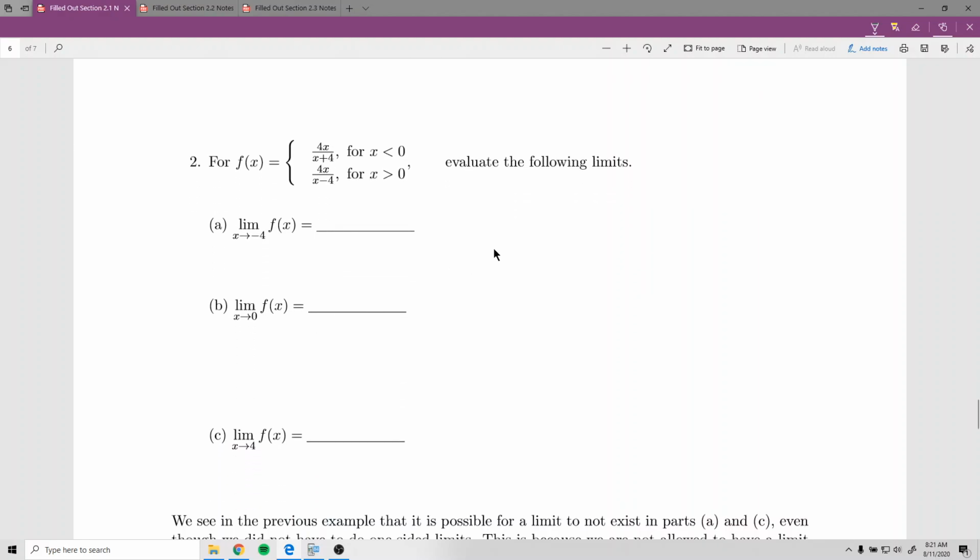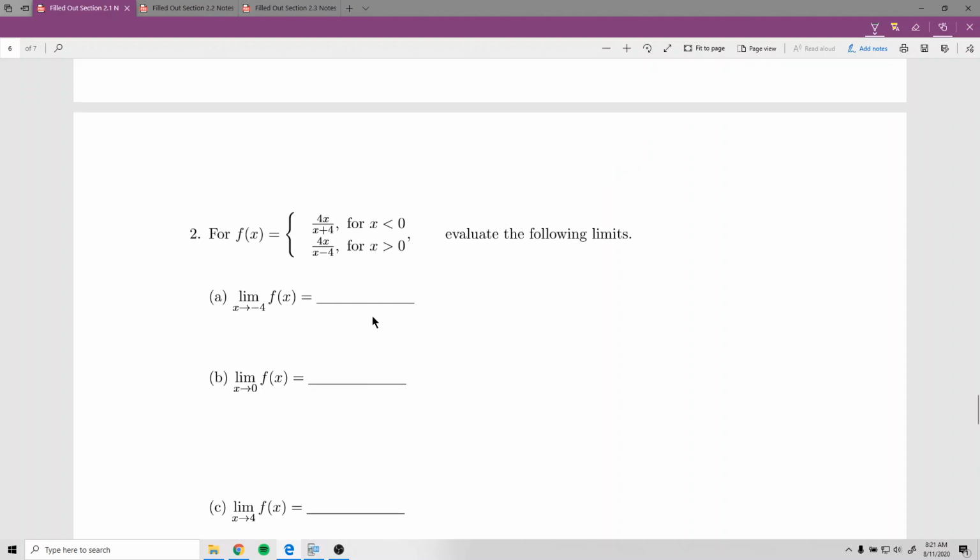All right, so for number 2 here, what you will notice is that we have a piecewise function. We want to evaluate some limits, and you'll notice we're not even worried about the one-sided limits. It's not that you don't have to worry about them; the problem's just asking what the limits are. So the first thing, like we mentioned before, is to see where it breaks apart, because that's where we have to worry about which one it is.